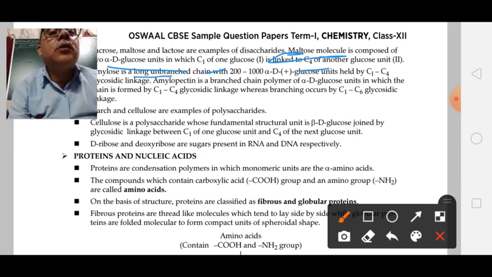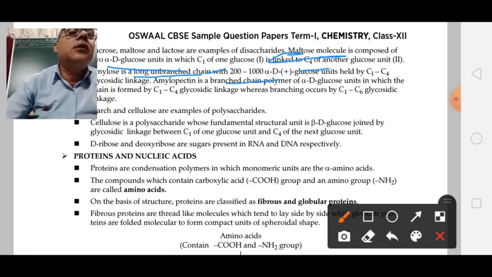Amylose is a long unbranched chain which contains 200 to 1000 glucose units, and there is a C1-C4 glycosidic linkage. Amylopectin is a branched chain polymer of alpha-D-glucose, and there are glycosidic linkages 1,4 and 1,6.